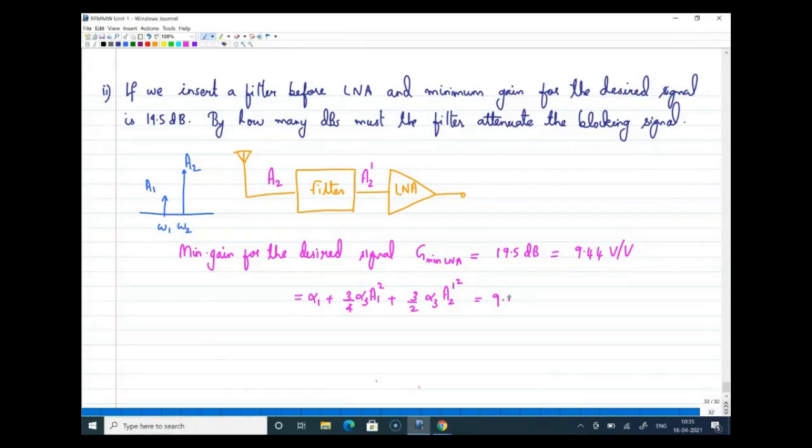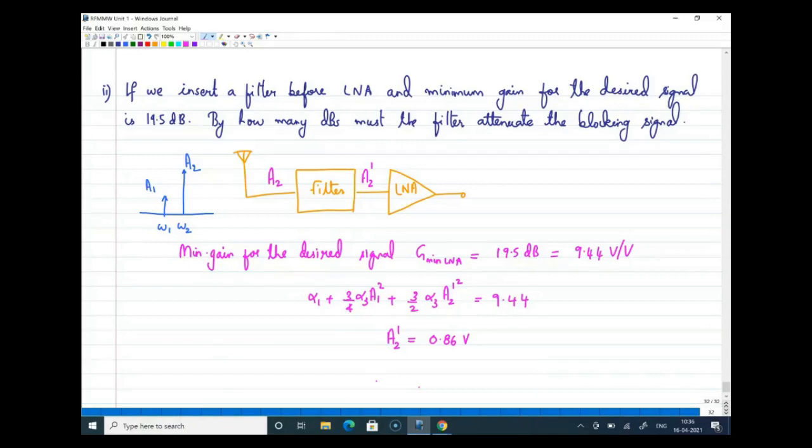Now this can be equated to 9.44. In this, alpha 1, alpha 3, A1, everything is known, and you can definitely find A2 dash from this. If you calculate this, you will get A2 dash as 0.86. 0.86 volt is A2 dash.